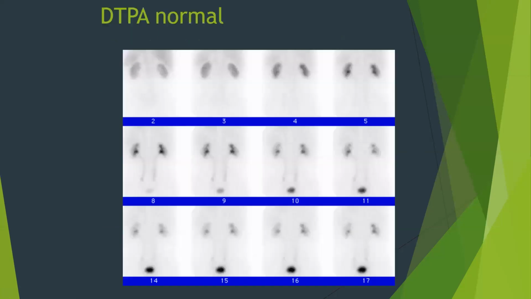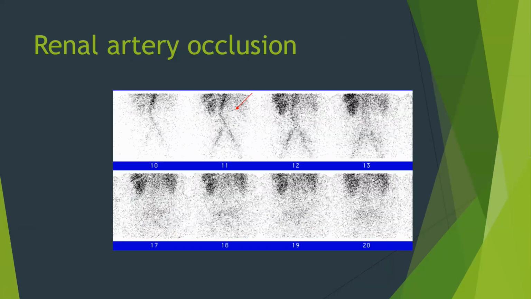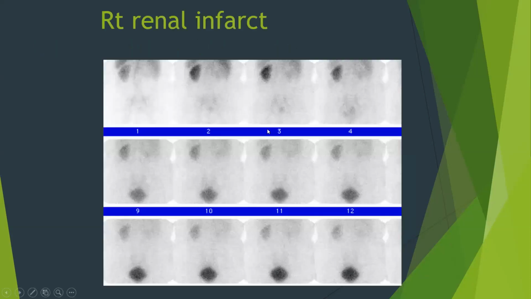And then we look at an abnormal scan. We will first see the normal renal perfusion, cortical uptake, and drainage. So we can see good perfusion, good cortical tracer uptake, and good drainage in both the kidneys. And then we look at a case of renal artery occlusion, in which we see good tracer accumulation on the left-hand side, but there is absent tracer accumulation on the right-hand side.